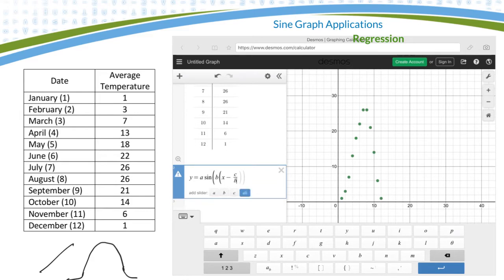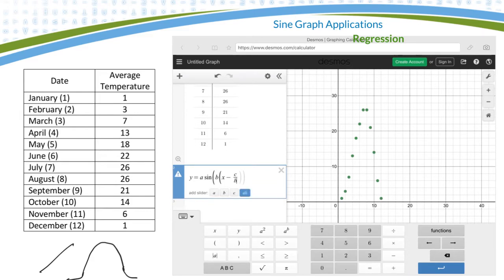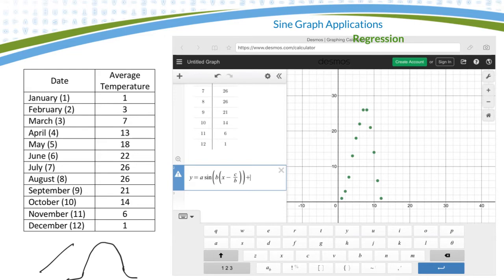C divided by b. Okay, then I'll go over and finish that bracket. And I guess I can finish that bracket too, and then put my plus d at the end. Plus d. Where's d? Right there.